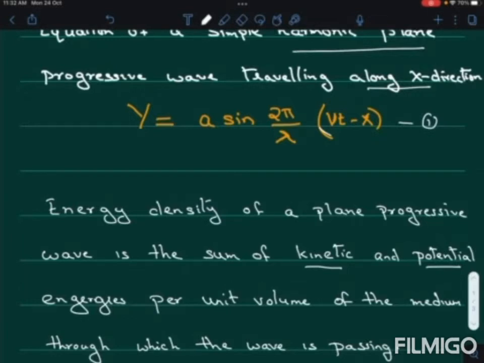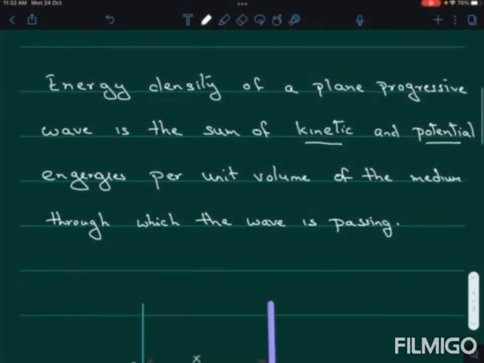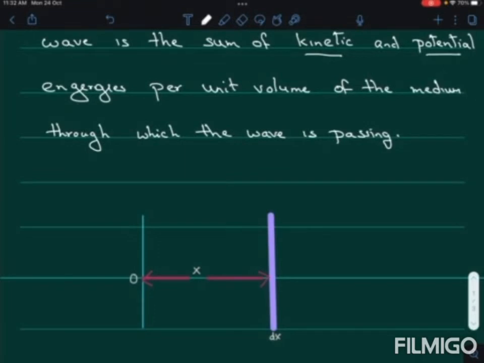In order to do so, we consider an infinitesimally thin layer of the medium, which has a thickness dx, at a distance x from the origin, and of unit area parallel to the wavefront, as shown in the figure. Here O is the origin, this is the infinitely thin layer dx which we have considered, and it is at distance x from the origin.